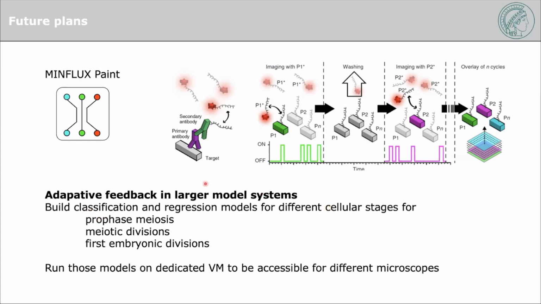We're collecting data from the different collaboration groups and trying to build something generic, not just for mitosis, but for all these development problems, going from egg to first embryonic division, and then use all these tools on dedicated virtual machines. They can be accessible from different microscopes and can be used not only from the microscope in the facility, but also from the microscopes in the different departments of our institute if they need it and have problems to address there.